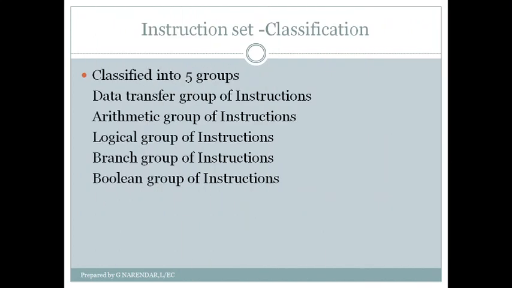So look at one more type of classification, based on the type of operation they perform. The total instruction set is classified into 5 groups, and this classification is based on the type of operation performed. The first category is the data transfer group.